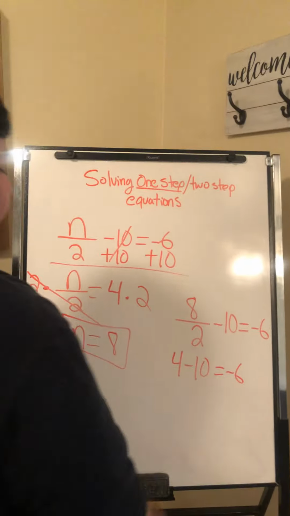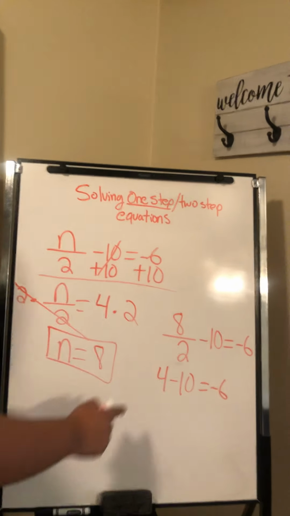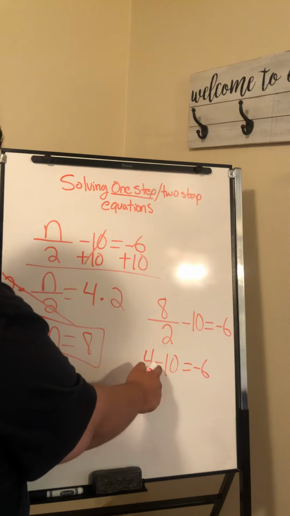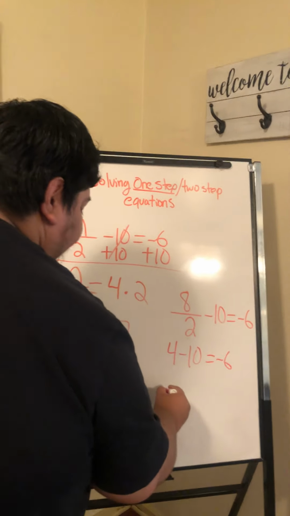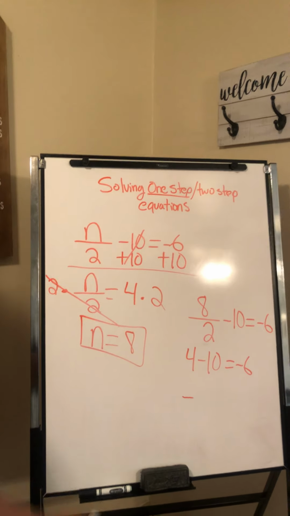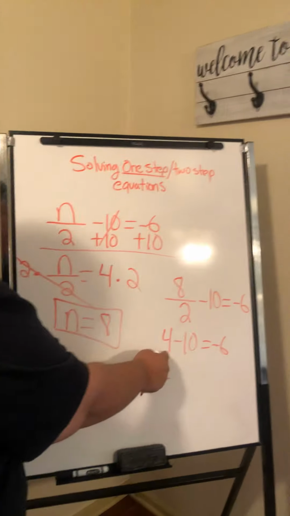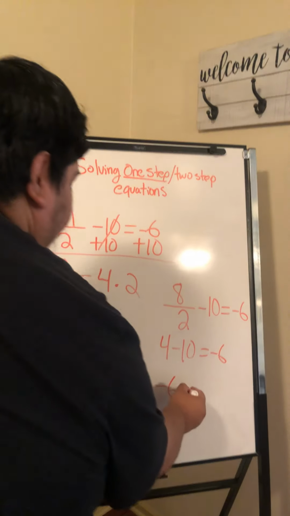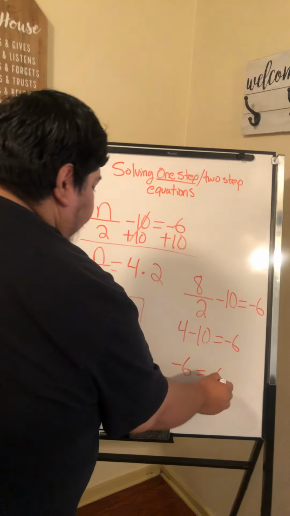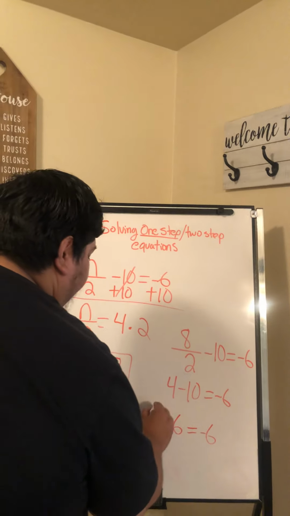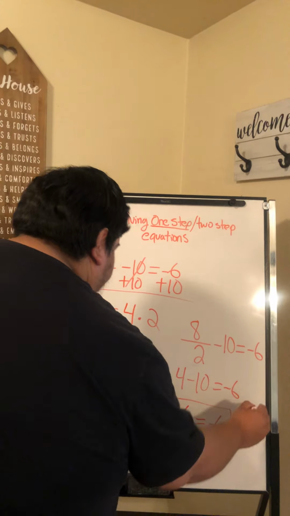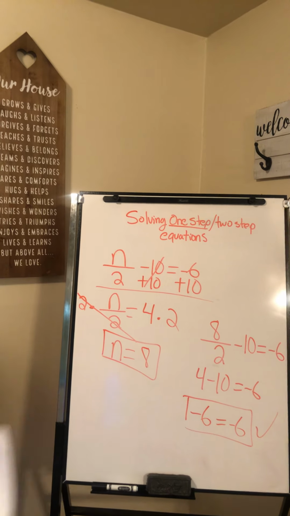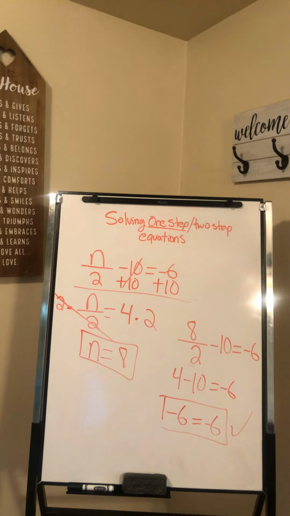So 4 minus 10. What number is bigger? 4 or 10? 10 is. What's the symbol to the left of it? Negative. So my answer has to be a negative. So what is 10 minus 4? That should be -6. Does -6 equal -6? Yes, it does. That is your answer. N equals 8 is correct.